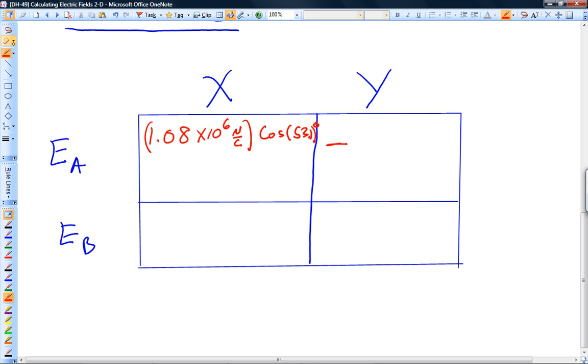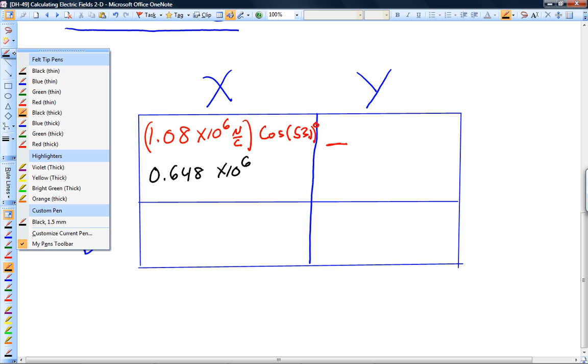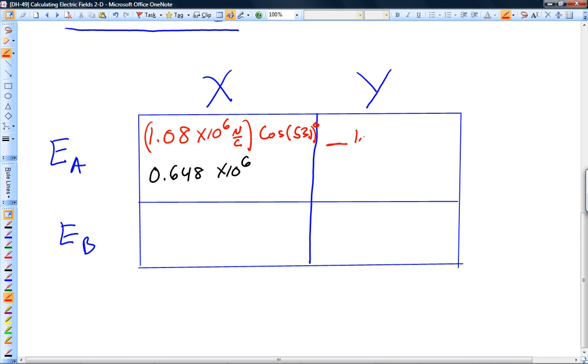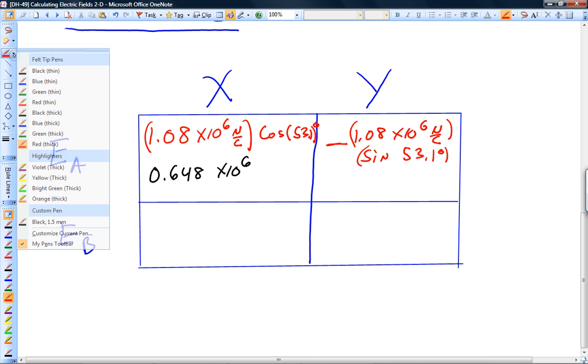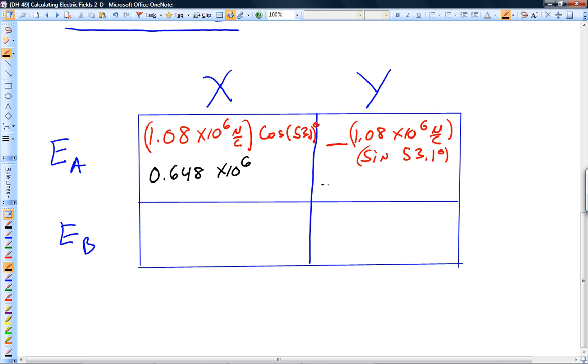And when I did that, I came up with 0.648 times 10 to the 6th newtons per coulomb. For the y component, it's going to be the same magnitude, the 1.08 number, except it's going to be times the sine of 53.1 degrees. And when I do that, I got negative 0.869 times 10 to the 6th newtons per coulomb.